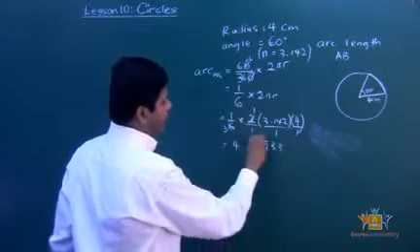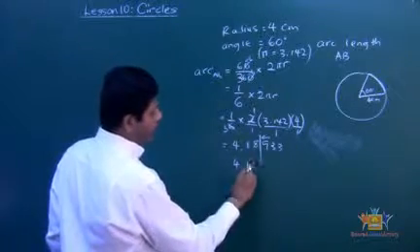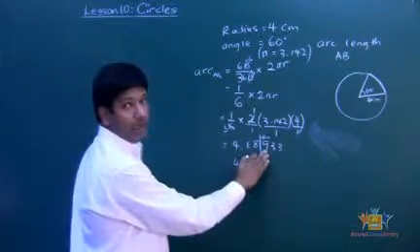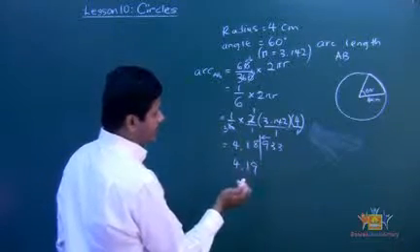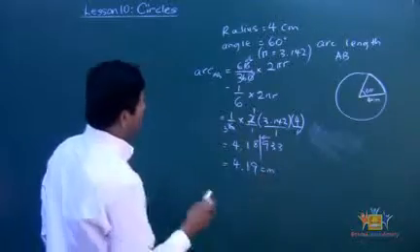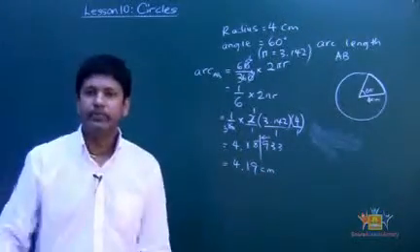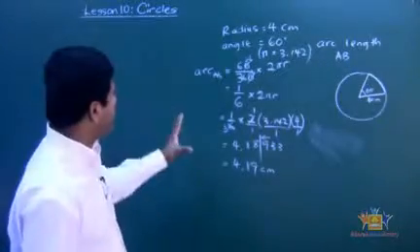We want to round it to 2 decimal places, so we have 4.19, because 9 is bigger than 5, so the 8 becomes 9. So 4.19 centimeters, and that's the arc length of AB. Does that make sense? Good, it's pretty straightforward, isn't it?